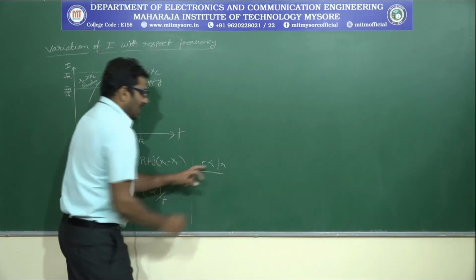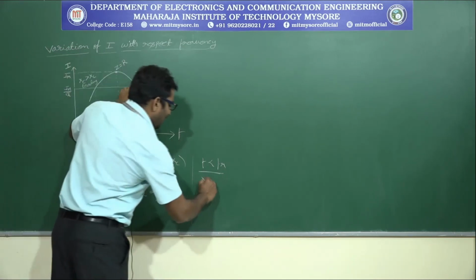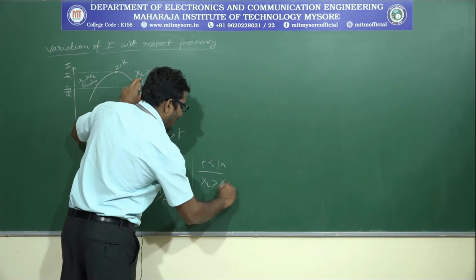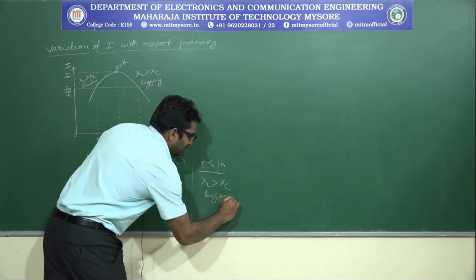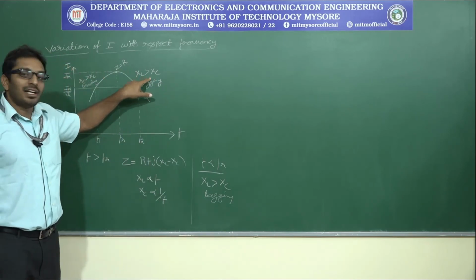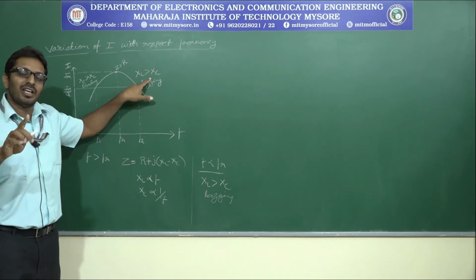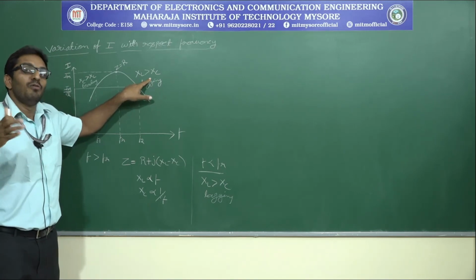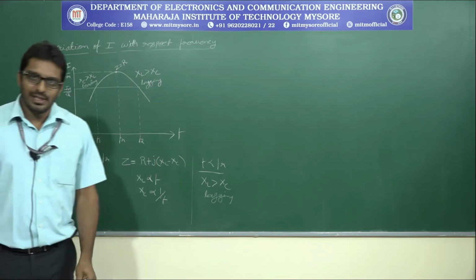For F greater than FR, XL is greater than XC, therefore current is lagging, because when XL is greater than XC, the circuit behaves like an inductive circuit. In an inductive circuit, which parameter is leading? Voltage is leading, current lagging. Is it clear?